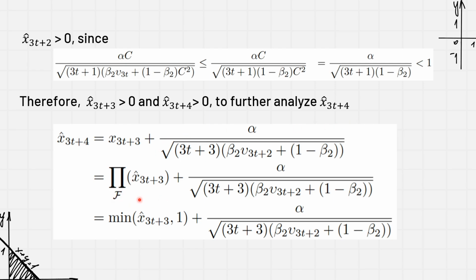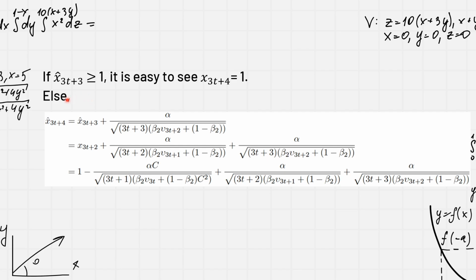Then we further analyze x_{3t+4}. Due to the Euclidean projection onto the interval from minus 1 to plus 1, the projection can be changed to the minimum of x hat_{3t+3} and plus 1. At this point, we consider two cases. If it is greater than or equal to 1, it is easy to see x_{3t+4} equals 1.